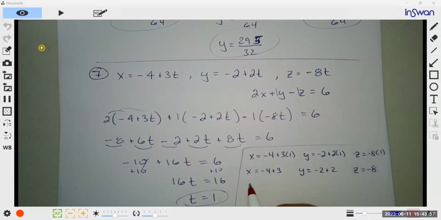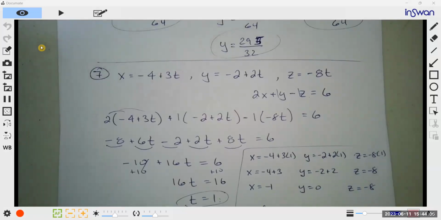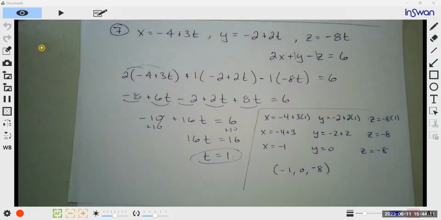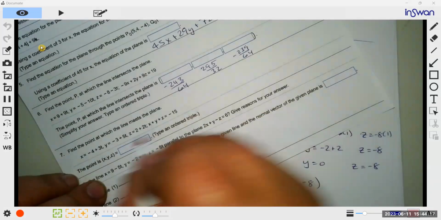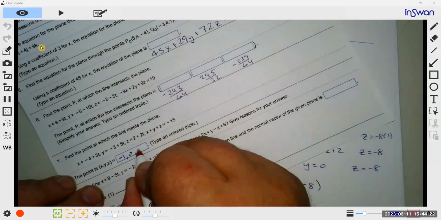Negative 8. Negative 1, 0, negative 8. So that's the point at which it intersects. So it's negative 1, 0, negative 8.